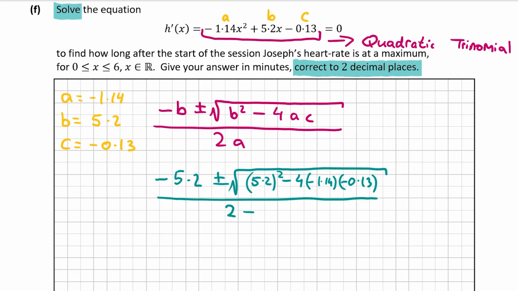Some people put the entire thing into their calculator at the same time, first with the plus and then with the minus. However, I recommend doing this in steps, as it's easier to spot any mistakes, and the calculator could read it wrong if you put it all in at once. So let's try it.